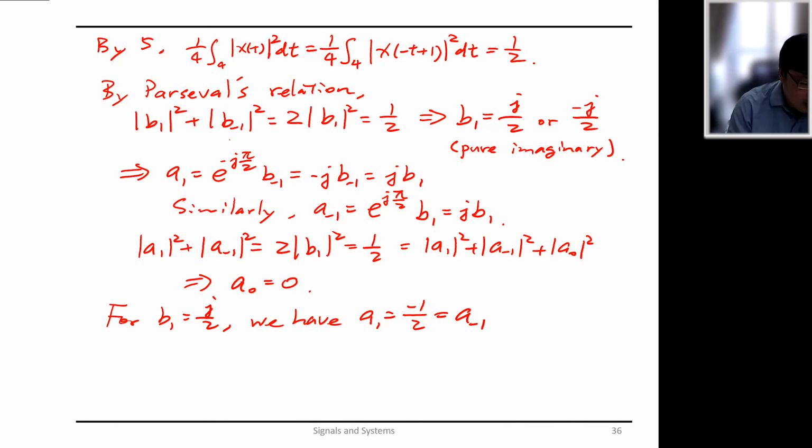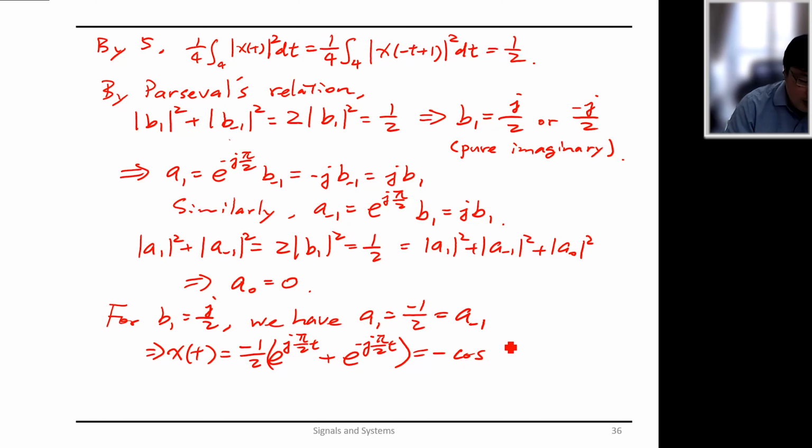And therefore, if you substitute this inside the Fourier series representation, you will get x of t equal to minus 1/2 times e to the j pi over 2t plus e to the minus j pi over 2t, and this is minus cosine of pi over 2t.